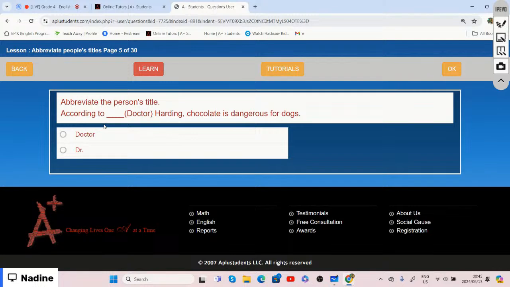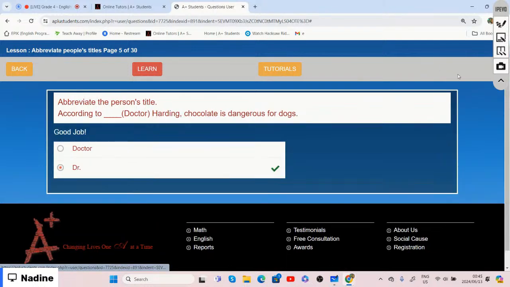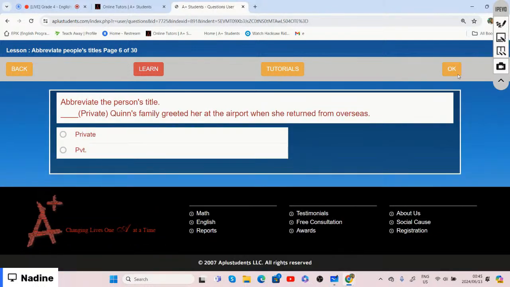All right, and if we were to identify our abbreviated word, then we would say it is the second option for doctor. Remember, we need to write it with a capital letter and it ends with a period if we shorten that word.